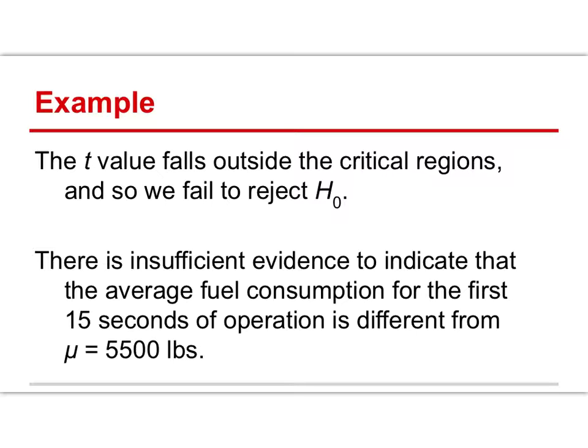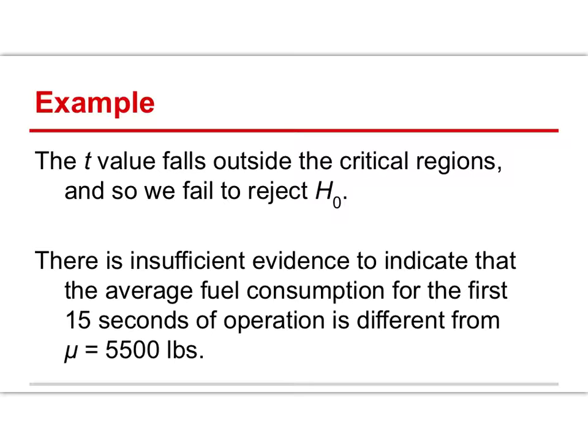The problem is that 1.862 is not greater than 2.571. We did not get into the right tail. We obviously didn't get into the left tail either, and so as a result, we fall outside of the critical regions. We fail to reject the null hypothesis. And we put this back into words.